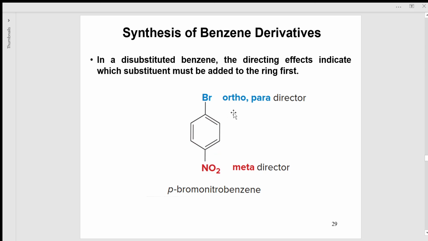So the bromine group will be introduced here, not at this position. By analyzing this structure, if we really want to make this compound, we have to do option 1. Introduce bromine first, then the nitro group. If we introduce nitro first, we will never be able to get the bromine at this position.